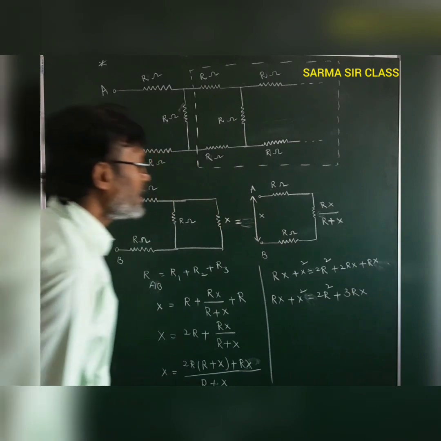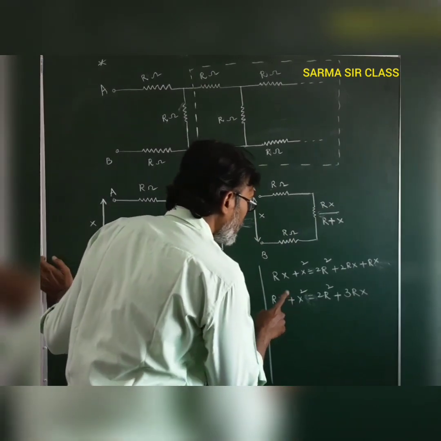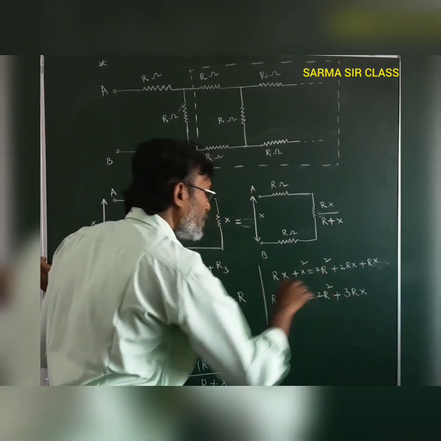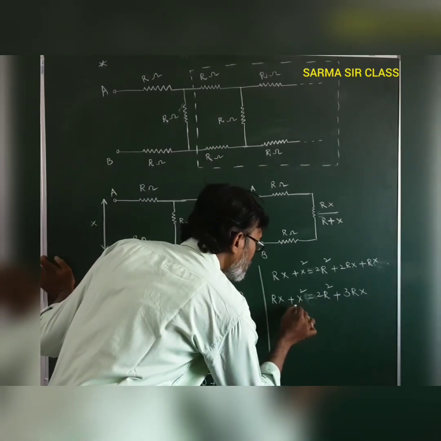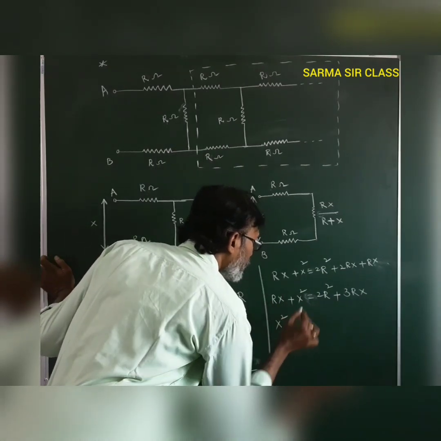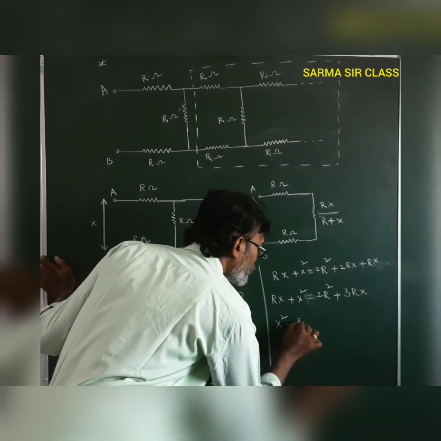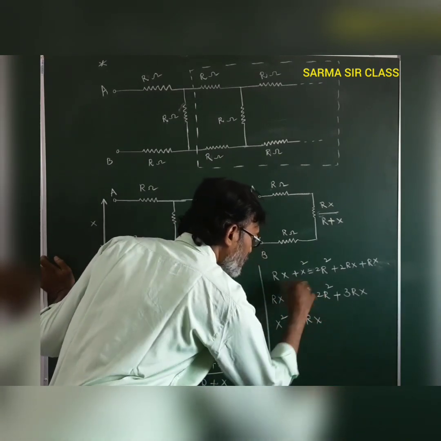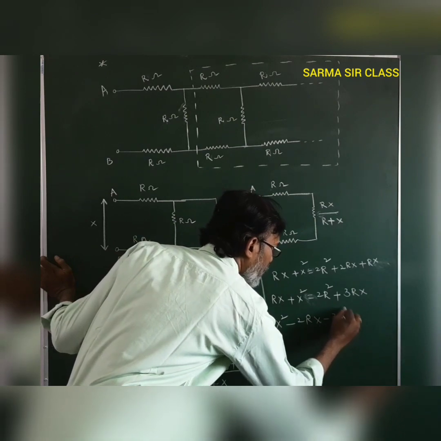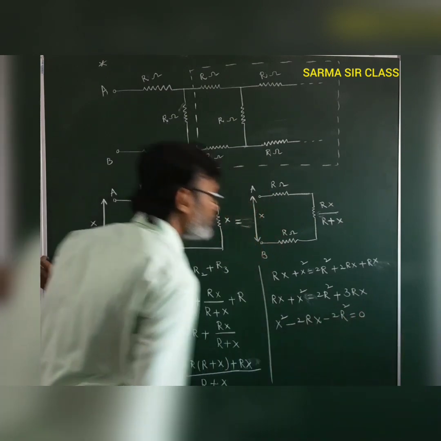What's the value? 3Rx. Now take this 3Rx to this side, then it became X square, minus 3Rx plus Rx, minus 2Rx. This is minus 2R square equal to 0.